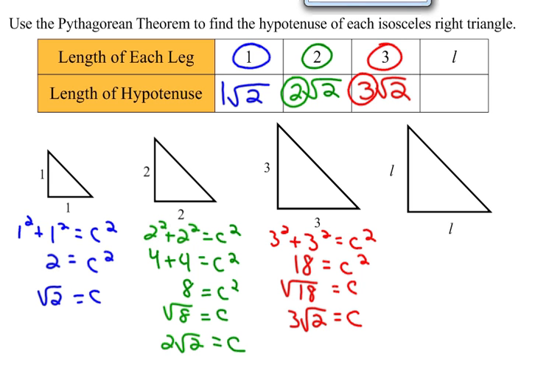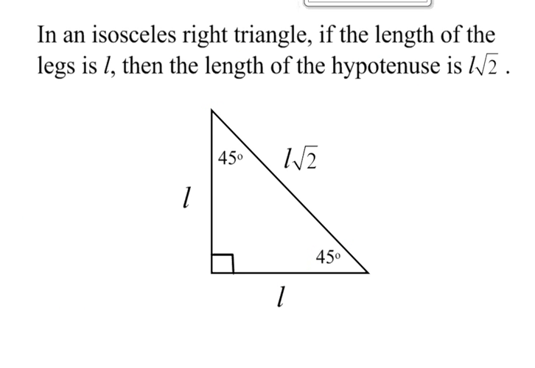And so for our final triangle with the leg length of L, we would have L square roots of 2. And this leads us to a shortcut. In an isosceles right triangle, if the length of the legs is L, then the length of the hypotenuse is L square roots of 2.